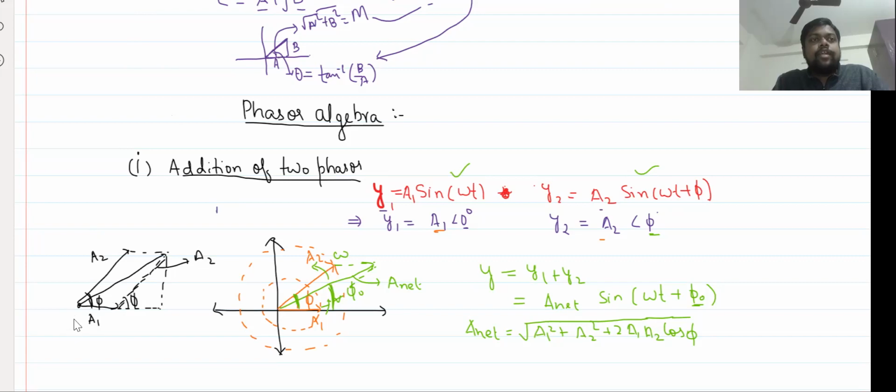So in triangle ABC, you can write tan theta is equal to BC by AB.